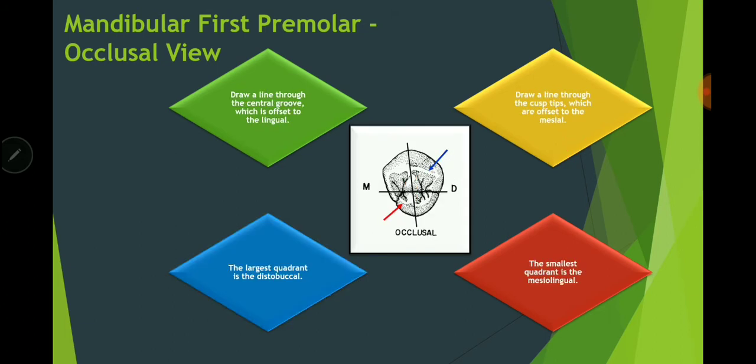So in the occlusal view, all right, I need to put a star on this one too. On the occlusal view, the outline is a diamond.